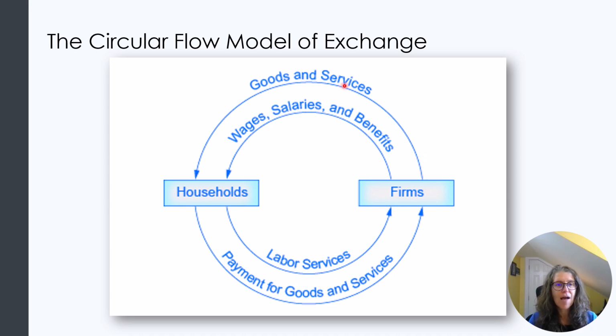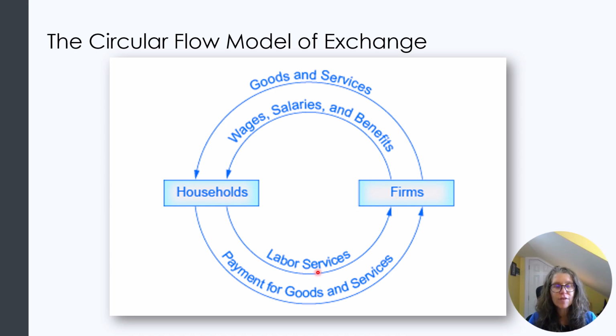So the top exchanges are in the product market, right? Let's go in that outer circle. Firms sell us goods and services, and we pay for goods and services with the result of our labor. It's a pretty straightforward process, right? Where do those funds come from? The inner circle.